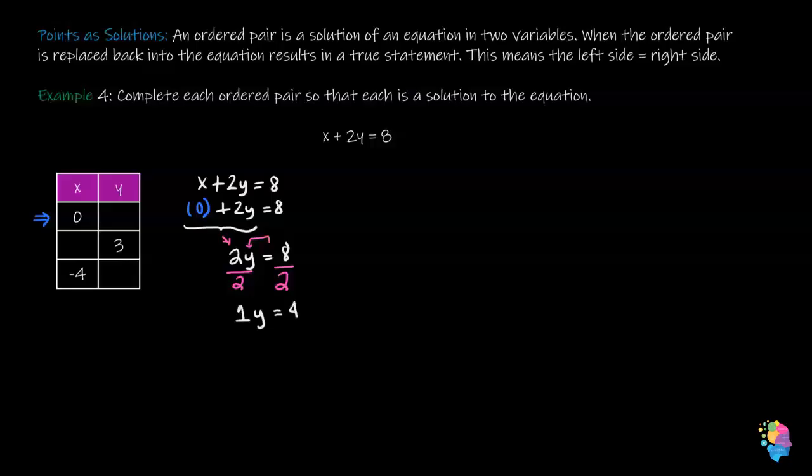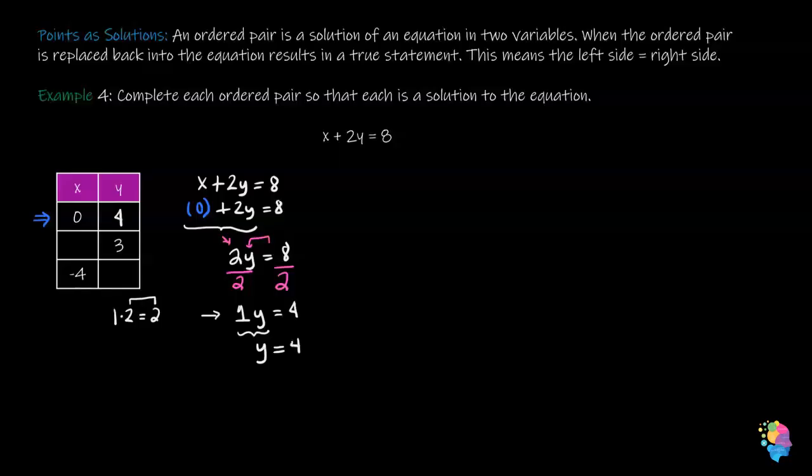Now in this case, when I have 1y, if you were to multiply 1 times 2, you just get back the 2. So 1 times y will just give me y. So y is equal to 4. That means that the missing coordinate will be y is equal to 4, and this should be a solution.